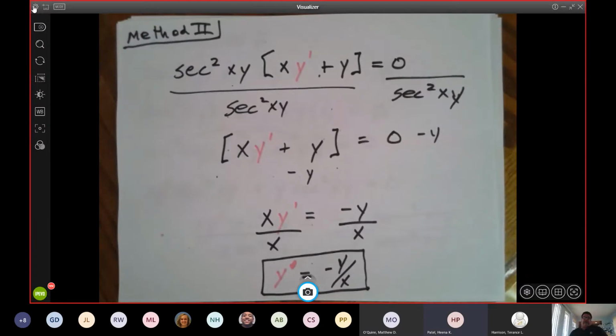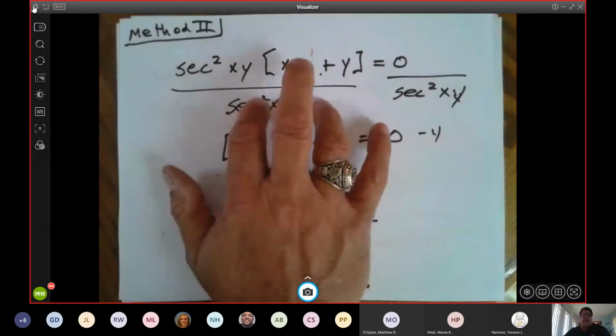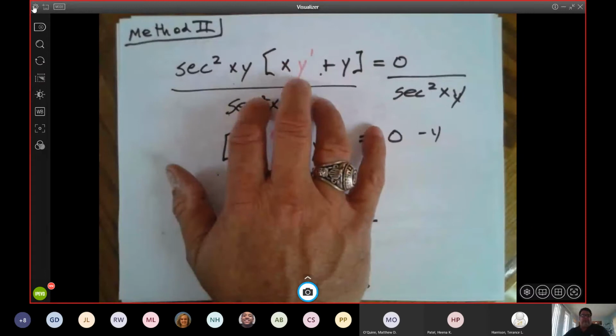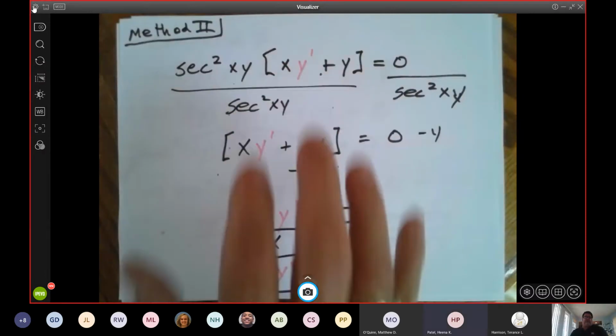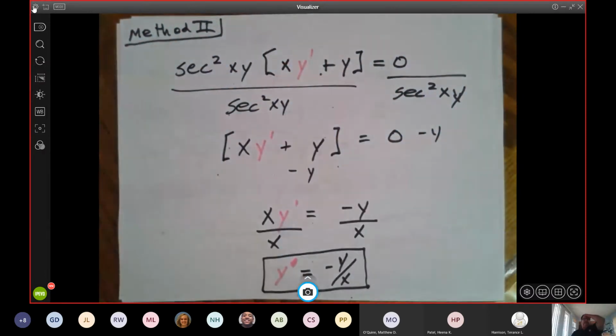Now I'm showing you this because I want you to see that once you get y prime in the problem, there's several different ways you could solve it. Just like there's several different ways you can solve an algebraic equation. You can distribute the 2 with the x plus 6, or you could divide by the 2, and the x plus 6 will just drop down.